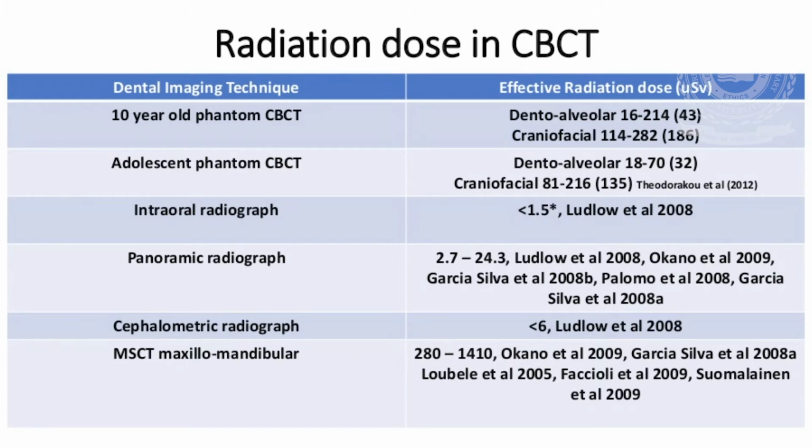To compare, exposure in an intraoral radiograph is 1.5 microsieverts, 2.7 to 24.3 for a panoramic radiograph and less than 6 for a cephalometric radiograph, 280 to 1410 microsieverts for maxillomandibular multi-slice CT.